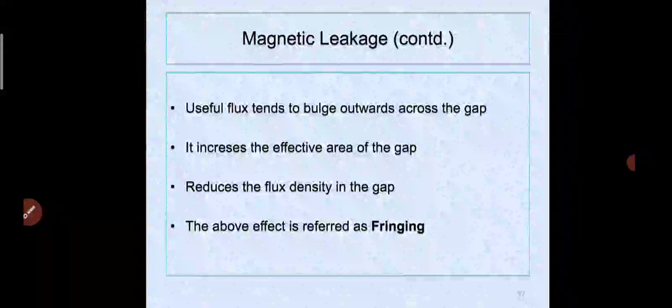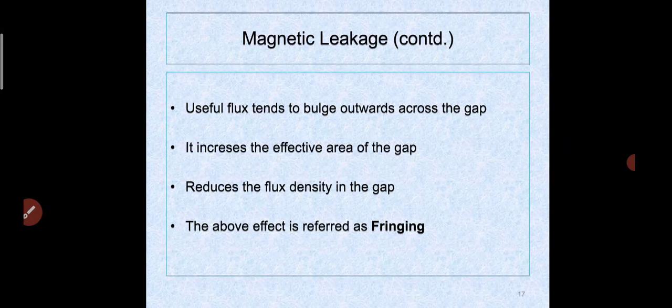The useful flux tends to bulge outwards across the gap. It increases the effective area of the gap and reduces the flux density in the gap. The above effect is referred to as fringing.